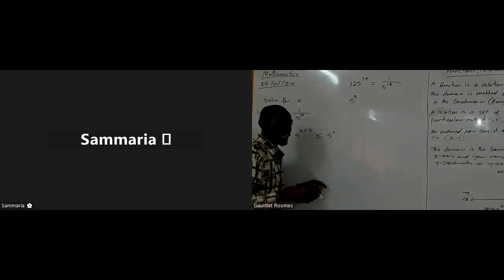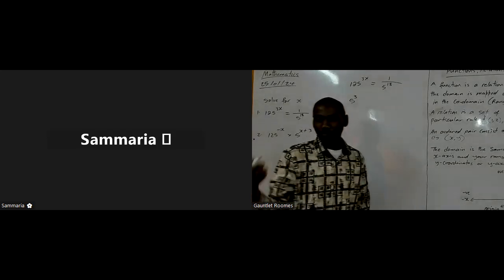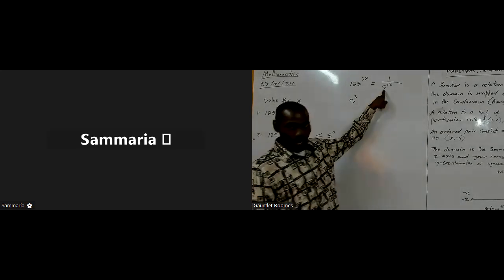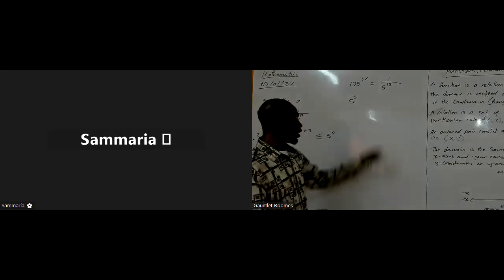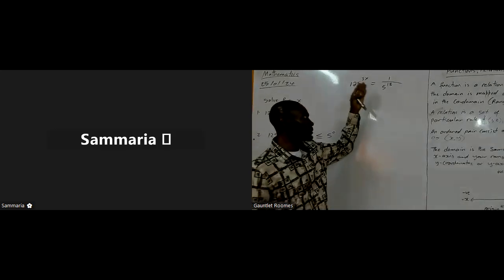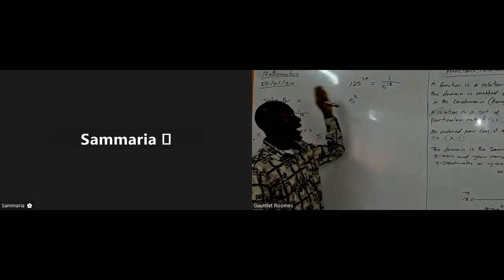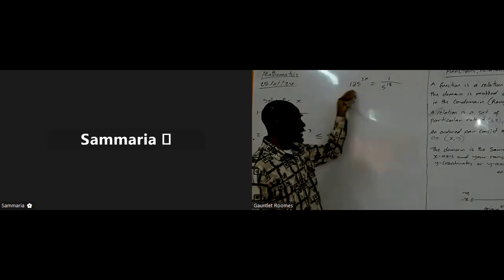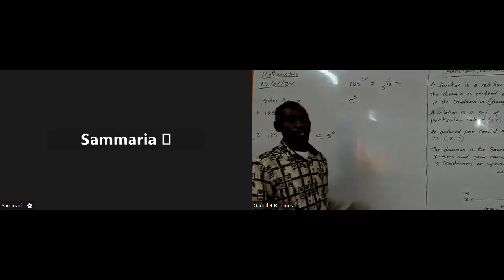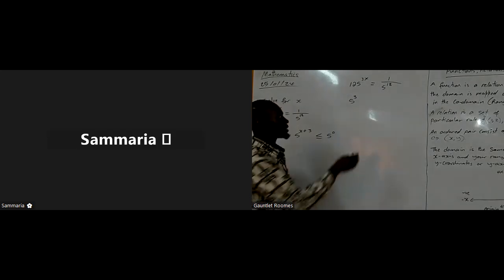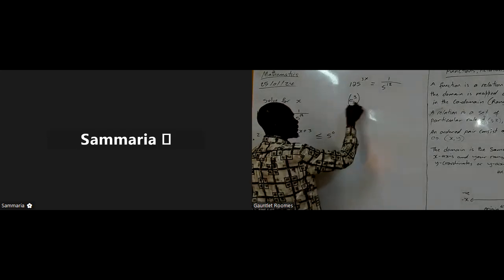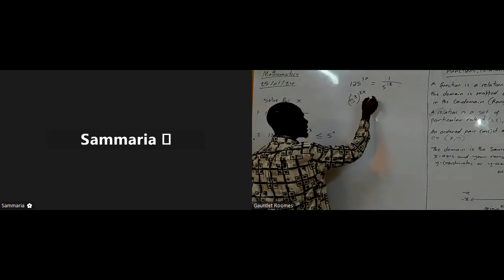Or we can divide 125 through by 5 to get a base 5. So we have to always keep the smaller base and then rewrite the larger base in the smaller base.